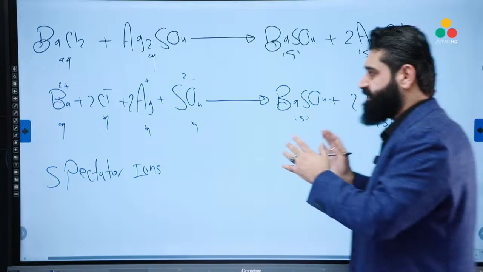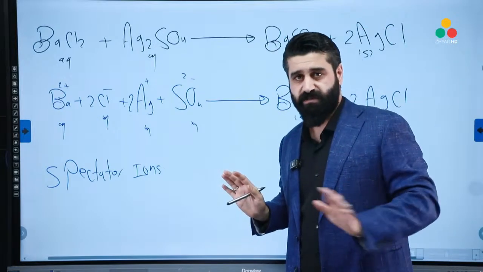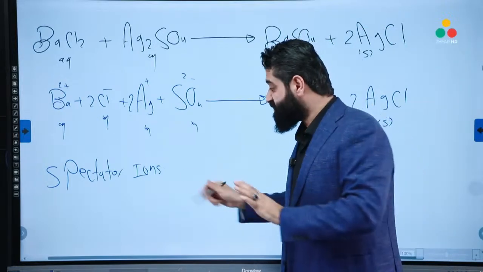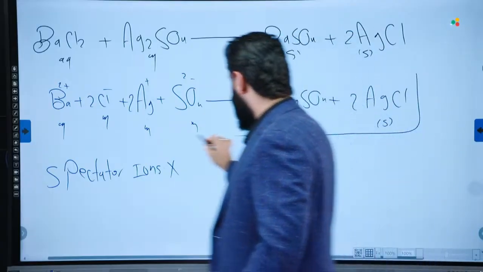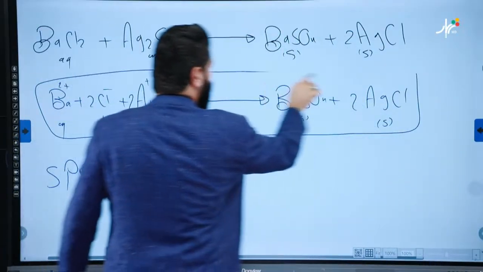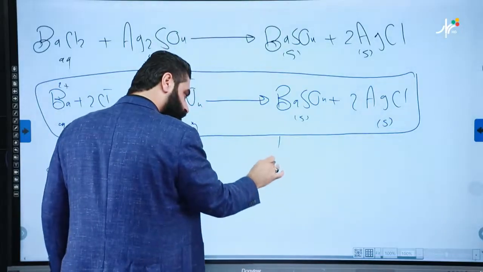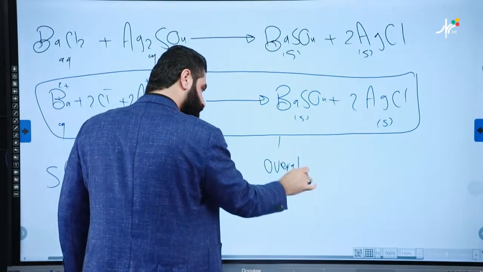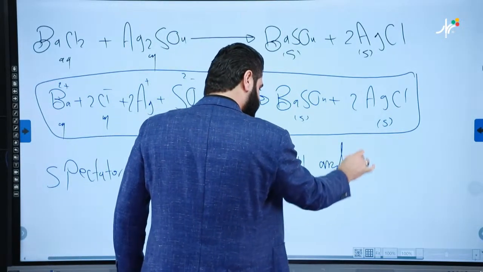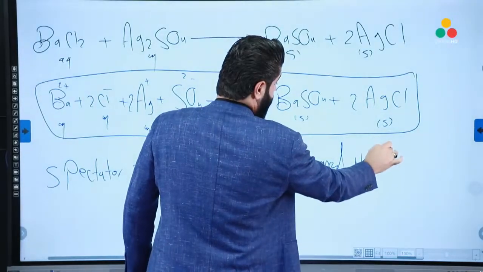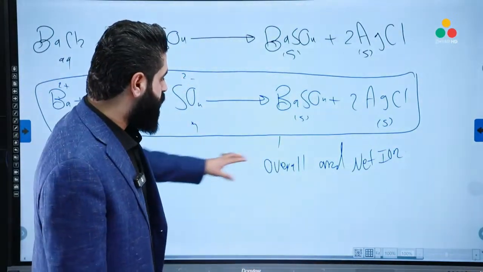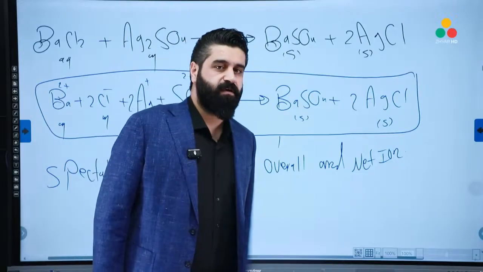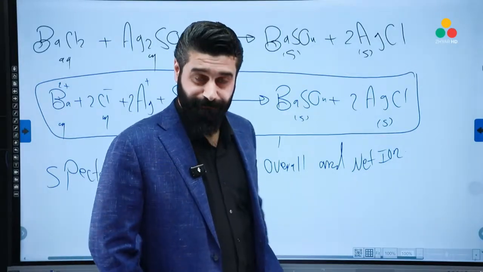So there is no spectator ion. The given reaction here is called both the overall and net ionic equation. So the overall ionic equation equals the net ionic equation.